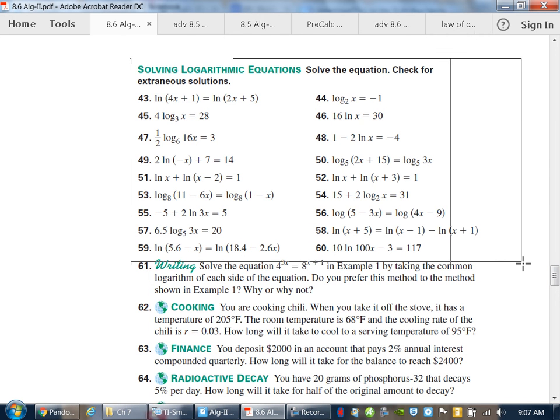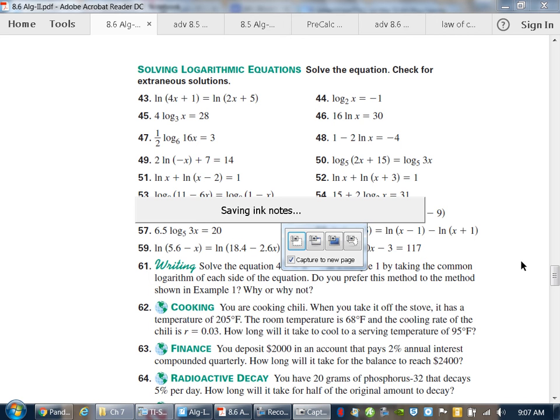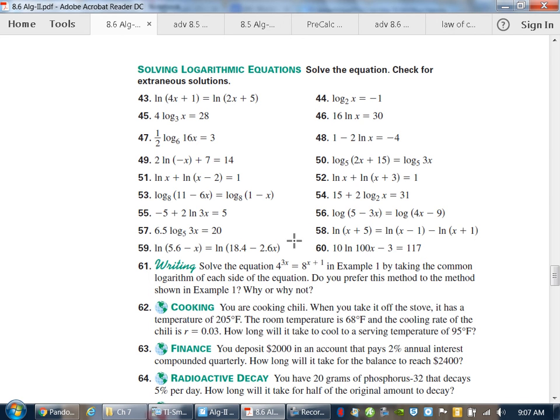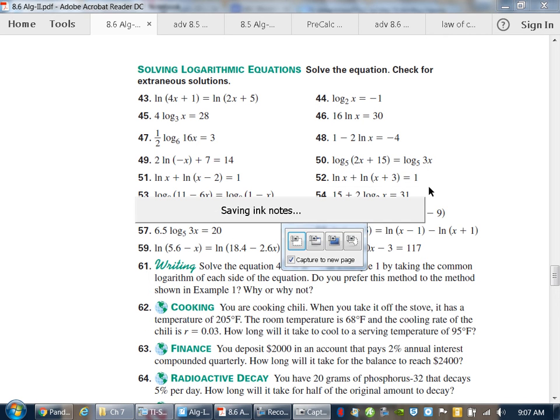Hey, what changes with natural log? What do you do? You E it. Just E it.